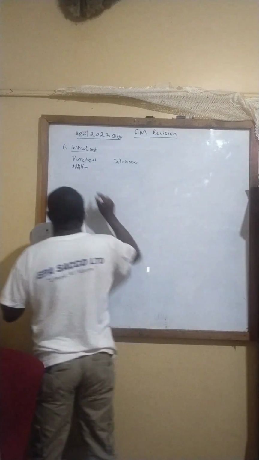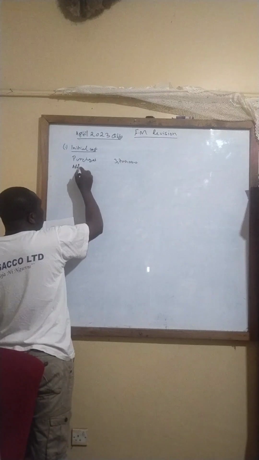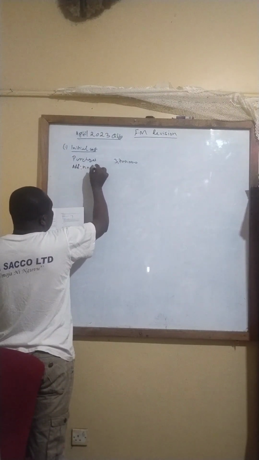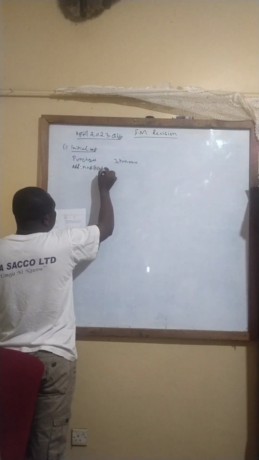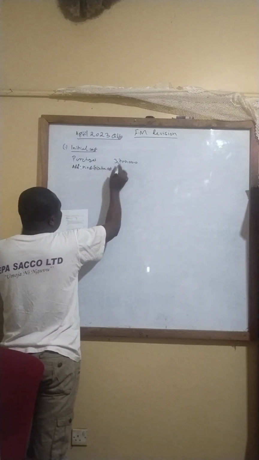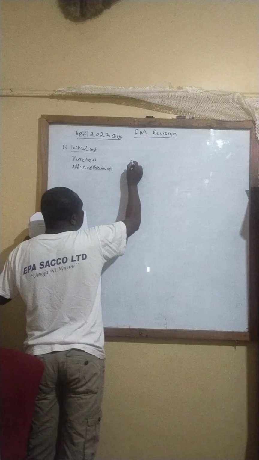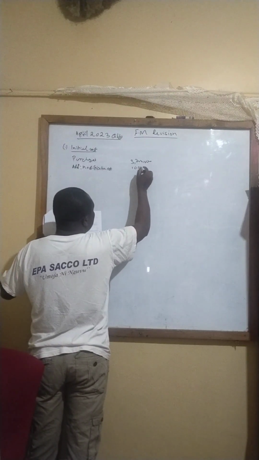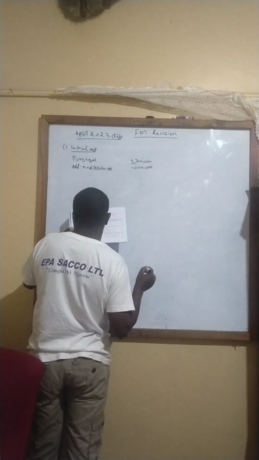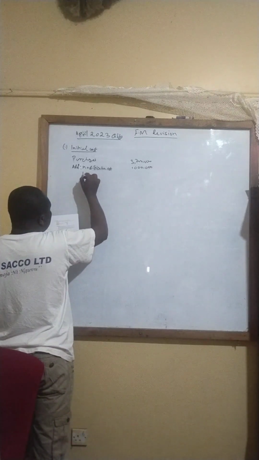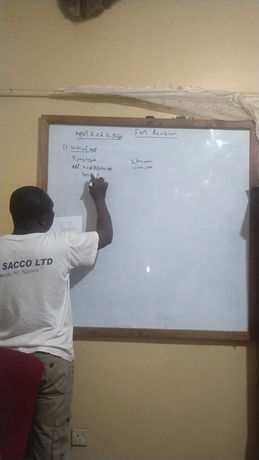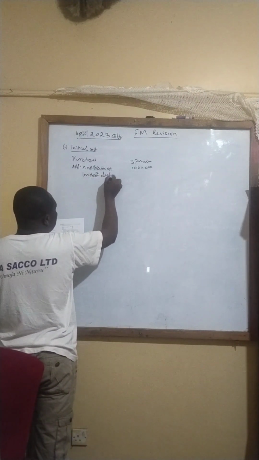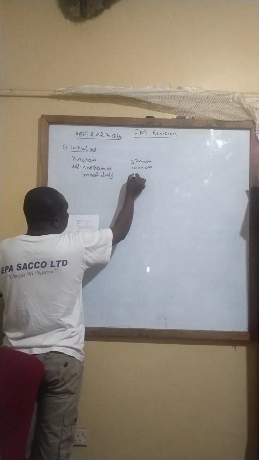So therefore, we say add Roman 1 modification cost, 1 million, import duty, 900,000.